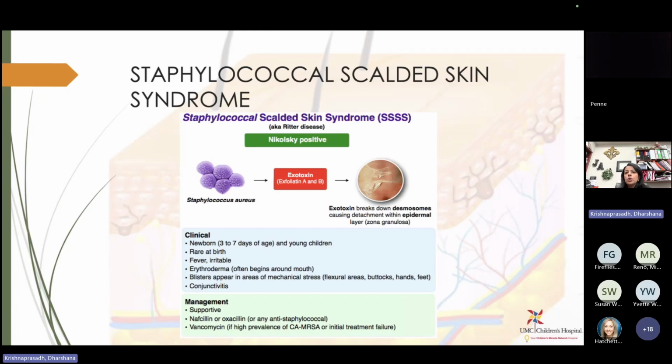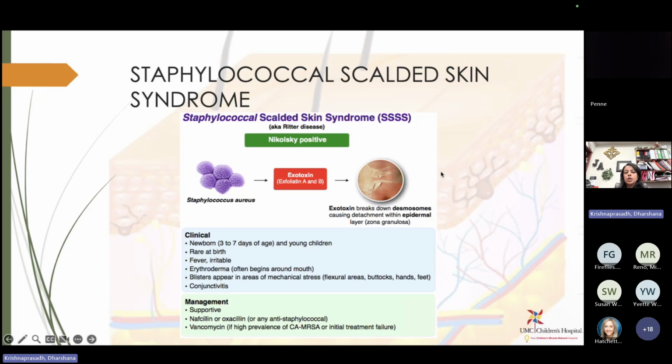So, what they're trying to describe in that question was staphylococcal scalded skin syndrome. It is again caused by Staph aureus. It is an exotoxin producing disease where the exotoxin breaks down the skin, causing the detachment, or what we call the Nikolsky's sign.